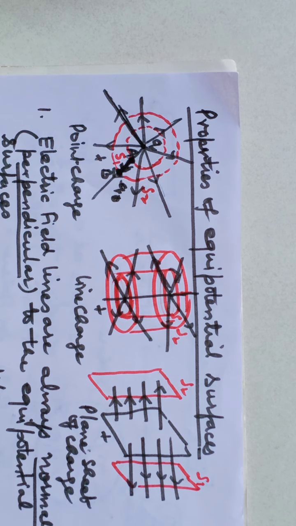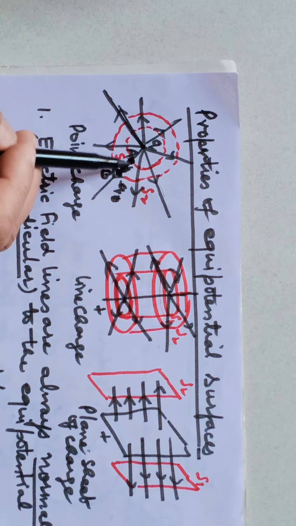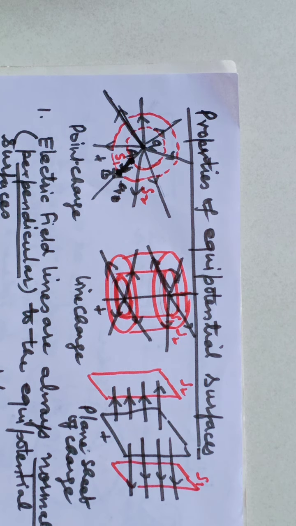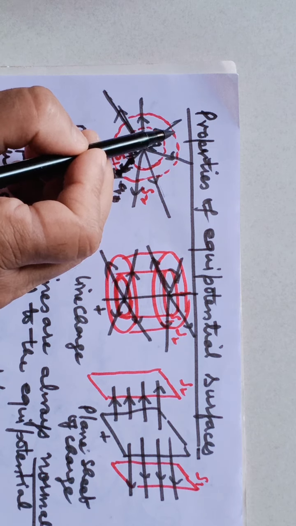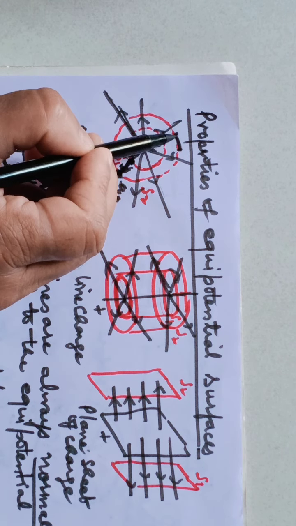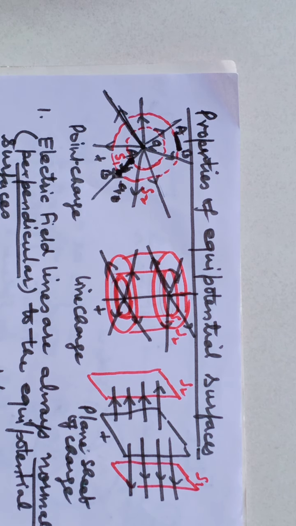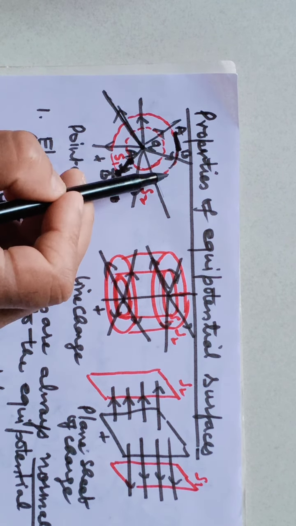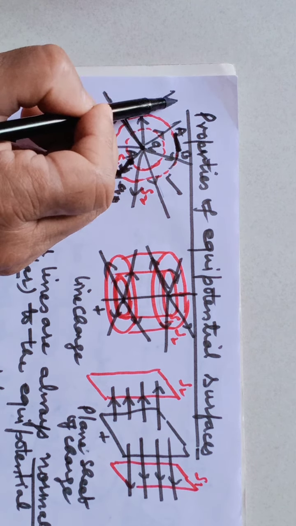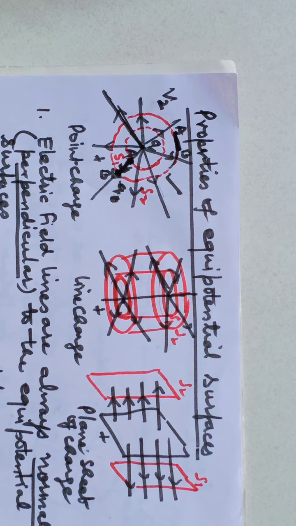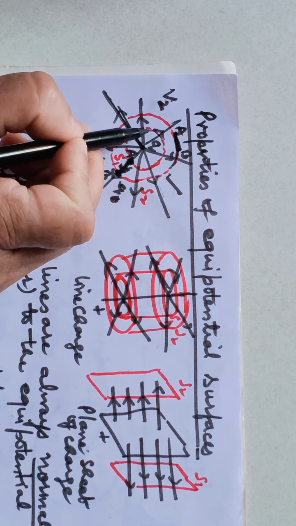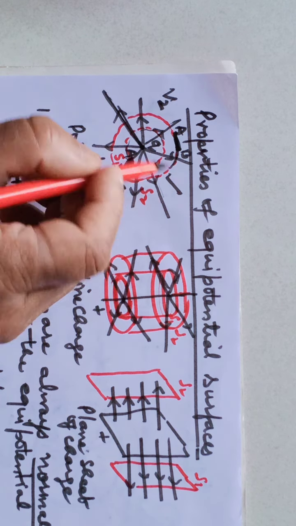So if these are two points on different surfaces, then this is the definition. Also this definition holds if we take two points on the same surface. This is point A, this is point B. From the diagram, VA is equal to VB because both the points lie on the same surface.